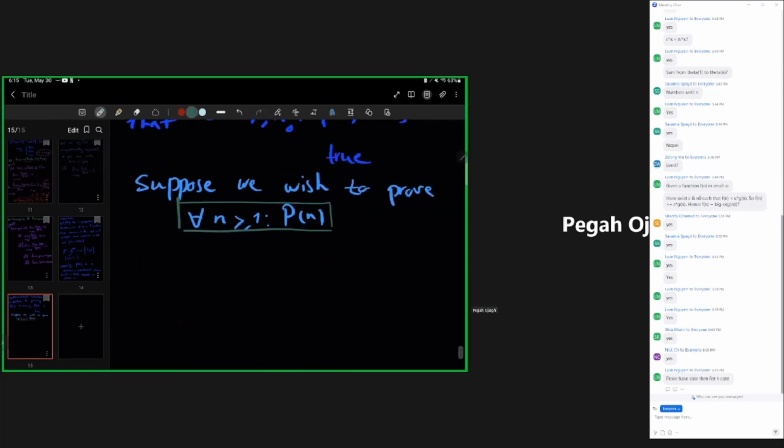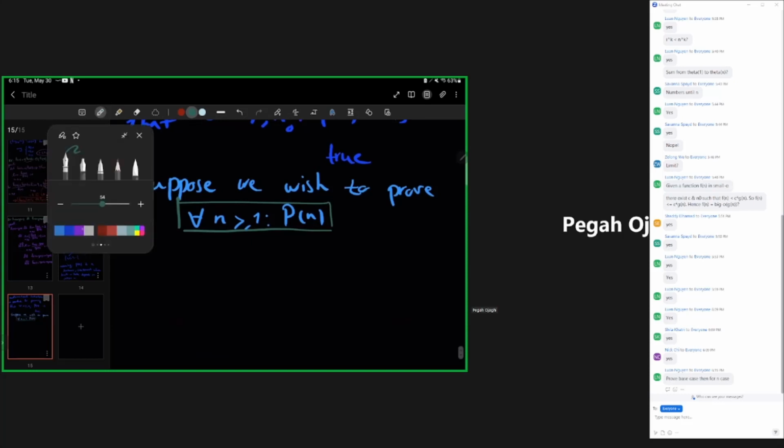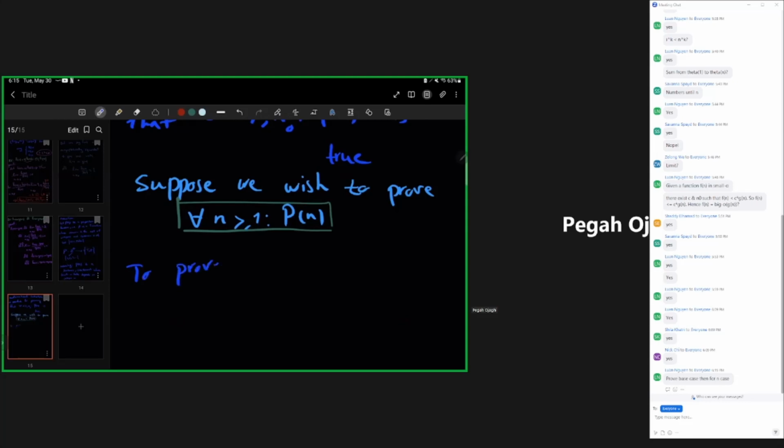Okay, I want to show this one. What are the steps? To prove such a statement by mathematical induction, we perform actually 2 steps.